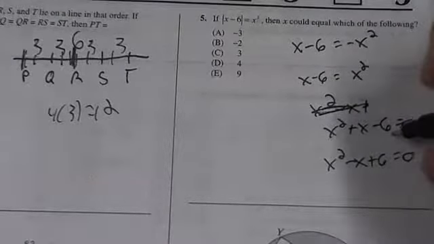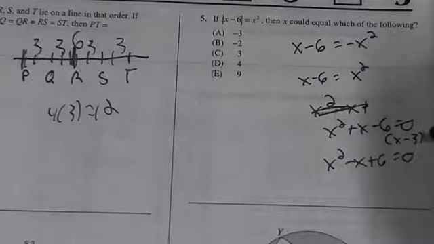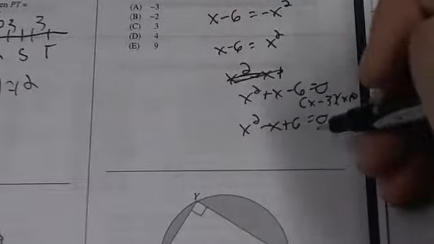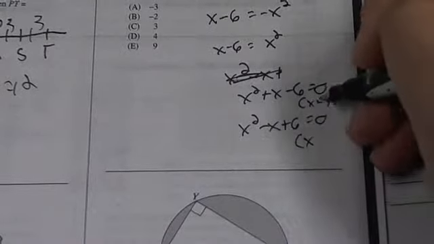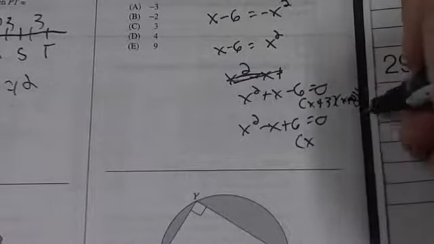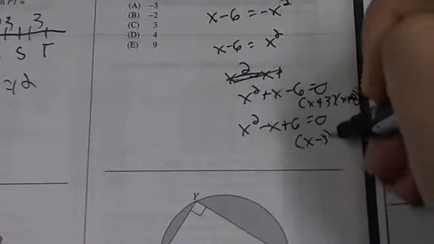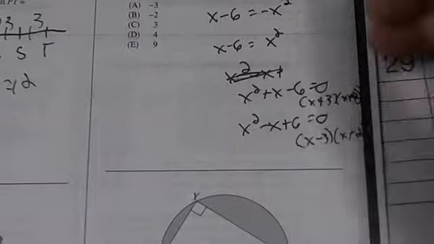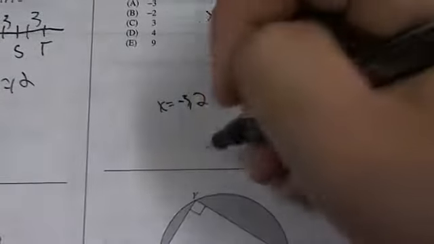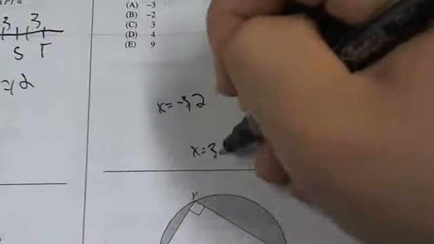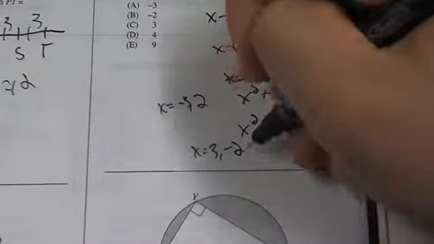The roots for these two are x minus 3 and x plus 2. So for the first one, x is equal to negative 3 and 2, and for the second one, x is equal to 3 and negative 2.